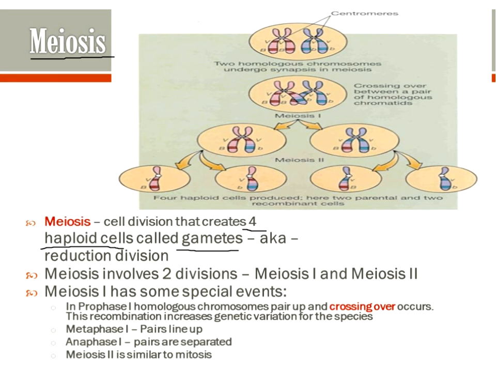Instead of going through prophase, metaphase, anaphase, telophase one time, meiosis goes through it twice, and it's called meiosis 1 and meiosis 2. And there are some special events that happen only in meiosis. In the first prophase, the X's cross over right here. That's how they share genetic information.